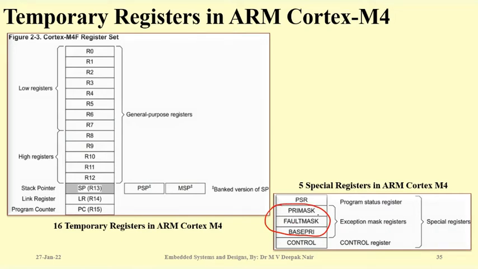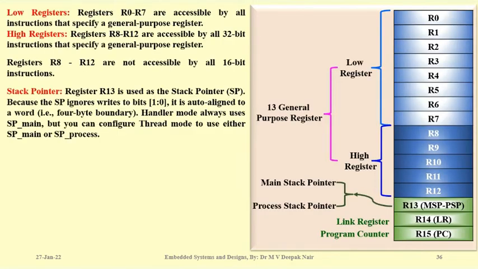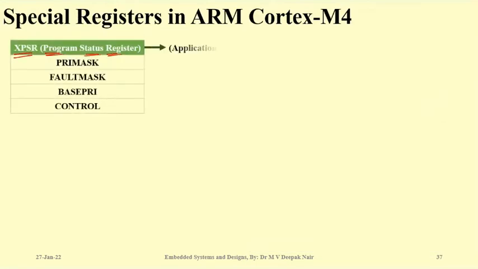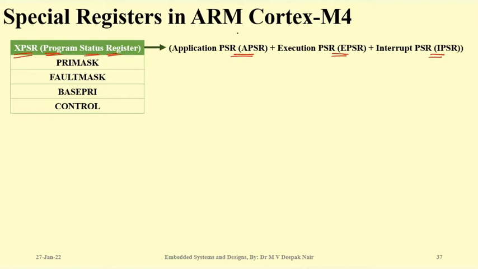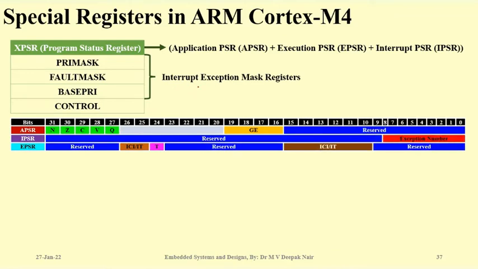It is a combination of APSR, EPSR and IPSR: application, exception, interrupt, all 3 registers joined together. I will show you that. Don't worry. We will see what that means.